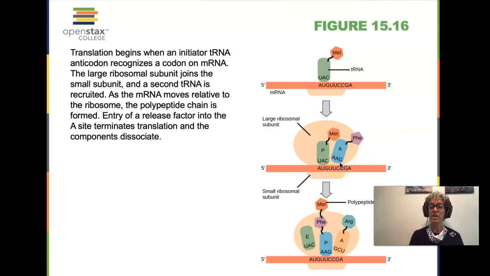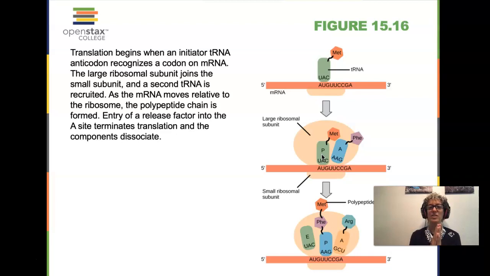And remember, its shape has those three pockets, the E site, the P site, and the A site. When we bind, this initial tRNA is going to be wedged into the P site.